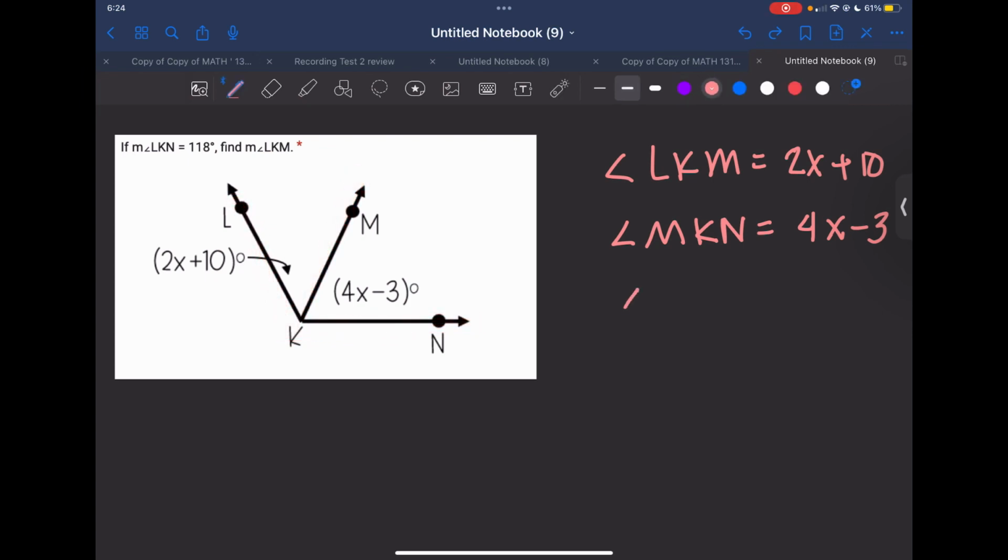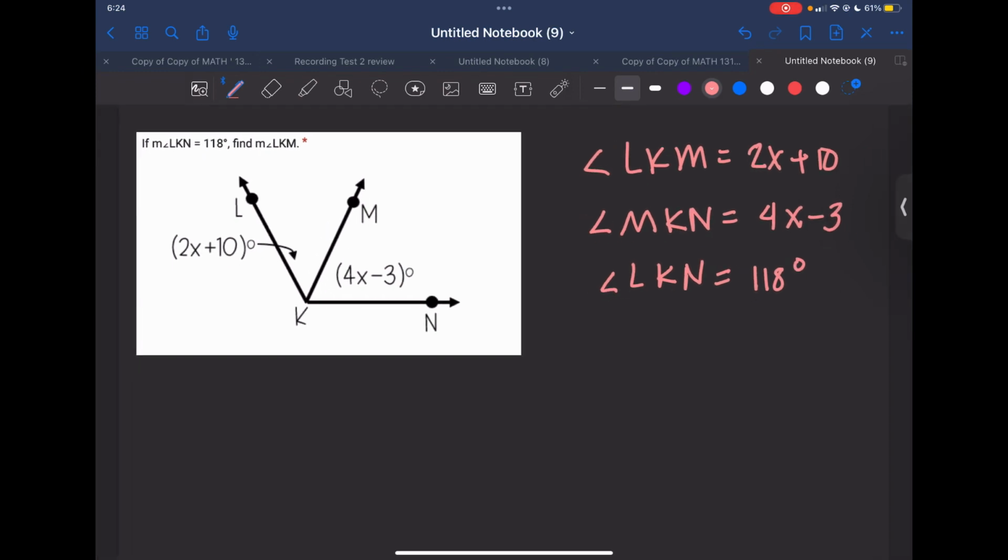I know altogether LKN is 118 degrees. So let's think about what we want to know. LKM. So this right here is what I want to know.